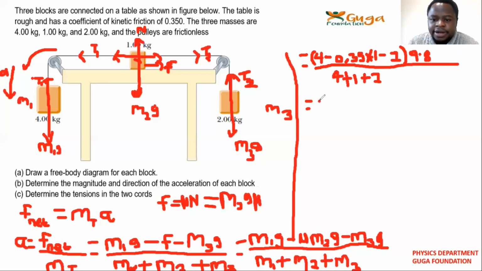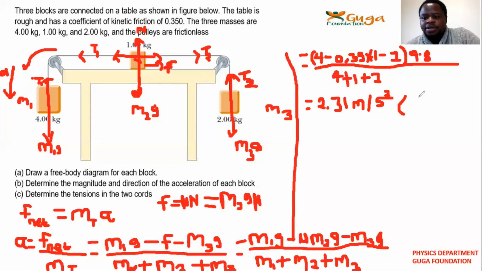So now when you punch all that in a calculator, you should get something like 2.31 meters per second squared. The direction we chose, downward, as positive, so it will be downward.